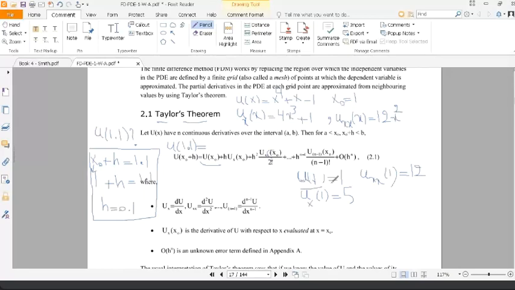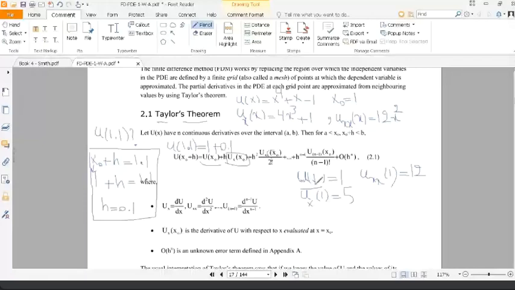Then I write 1 plus h. h is 0.1. Then I write 0.1 times u_x of x0.